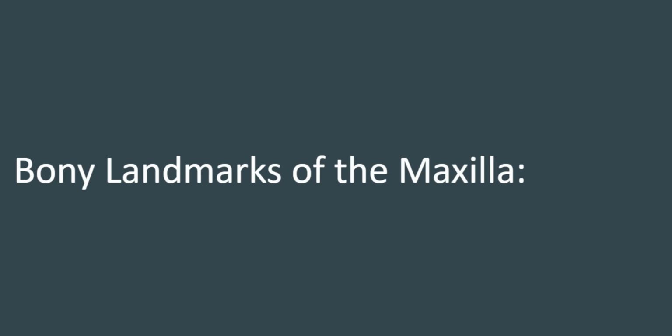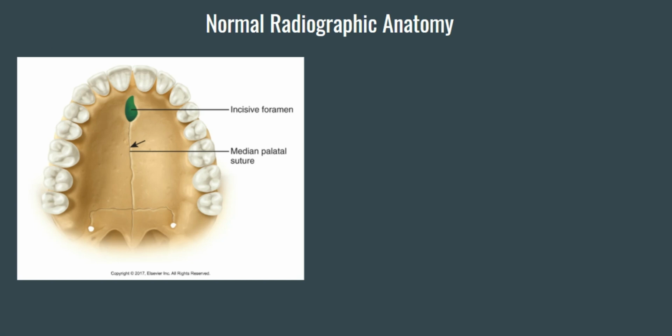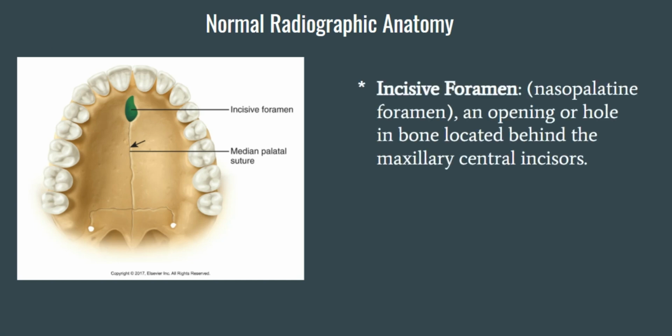So now let's start with the landmarks of the maxilla. And the first one I want to point out is the incisive foramen, also known as the nasopalatine foramen. And this is an opening or hole in the bone located behind the maxillary central incisors.